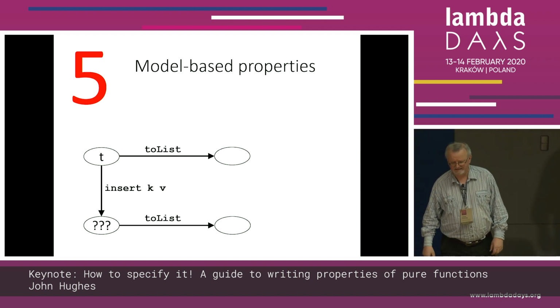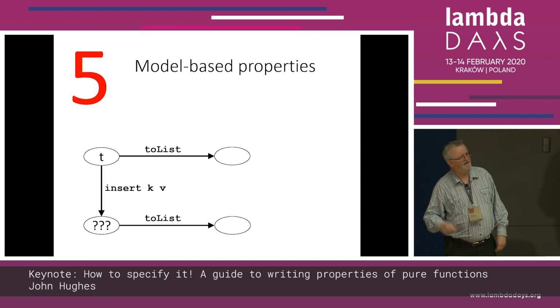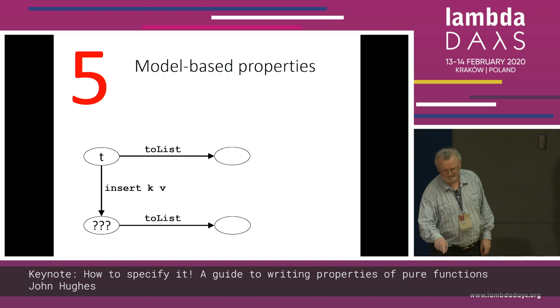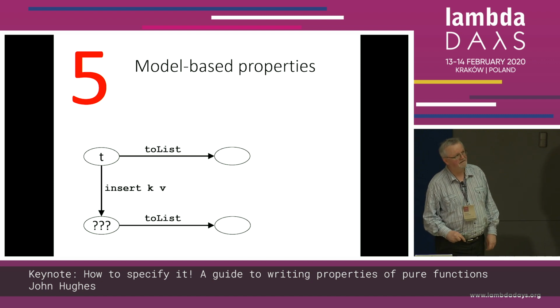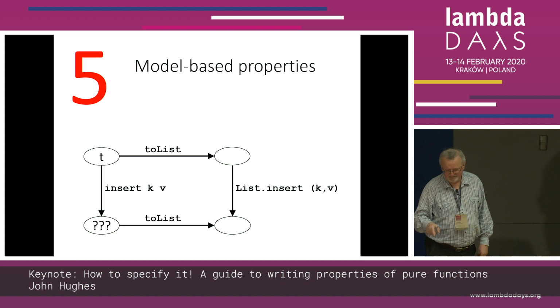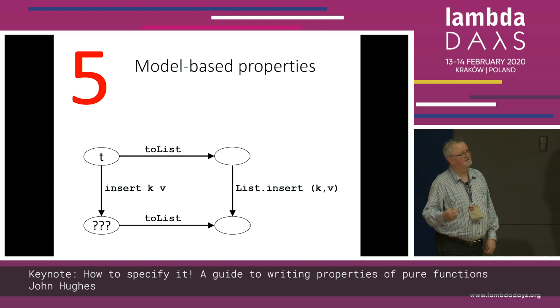Let me just extract the list of key-value pairs in each tree. Now then, it's hard to say whether the tree on the bottom left is right, but what can I say about the two lists that I've got on the right-hand side of the slide now? Clearly, I should be able to get the bottom one just by using list insertion to insert the key and value pair into the list, right?